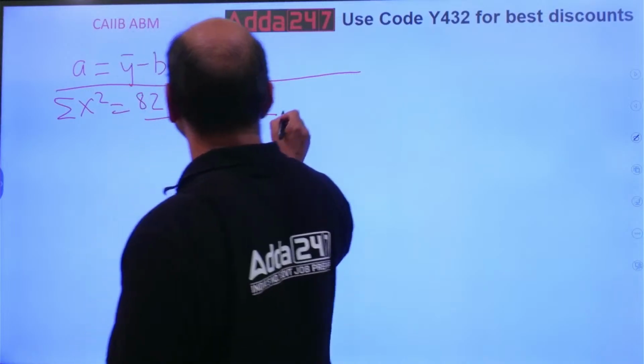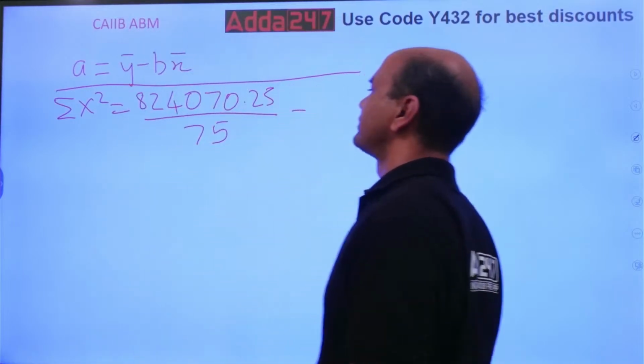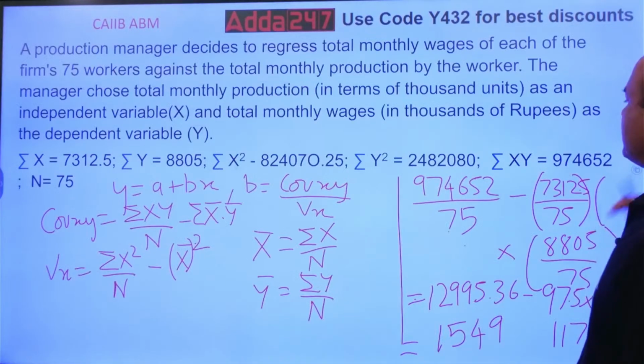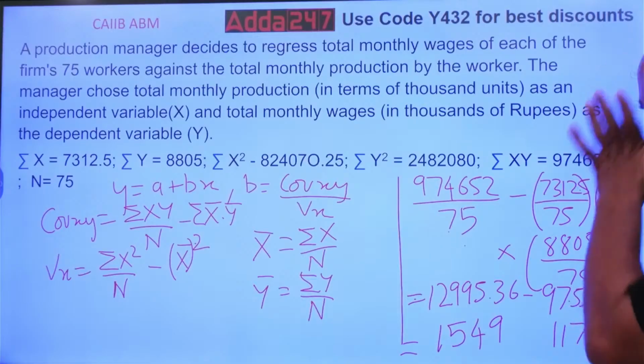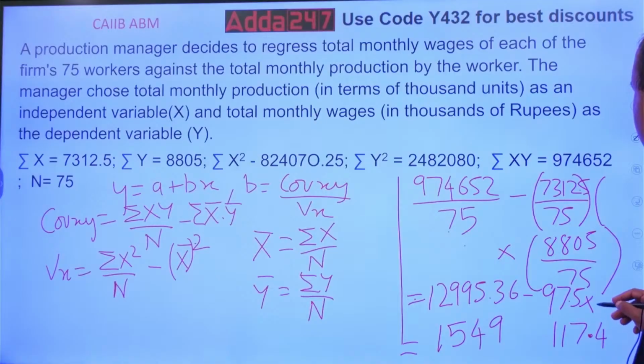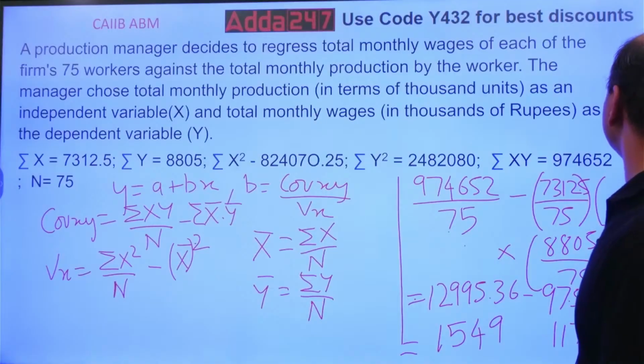Summation x square upon n minus x bar square. What was x bar? X bar was 97.5. So minus 97.5 square.